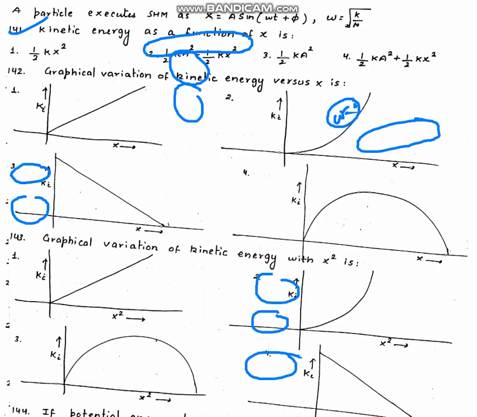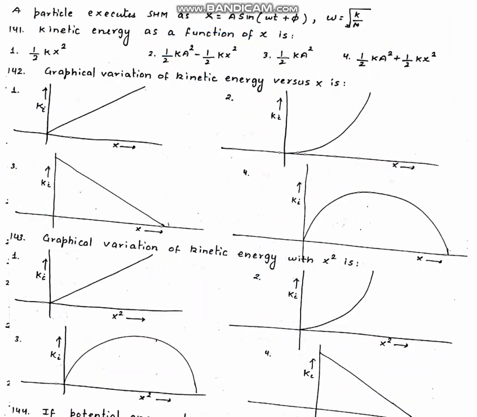Next is, a particle executes SHM as given by this: kinetic energy as a function of axis.